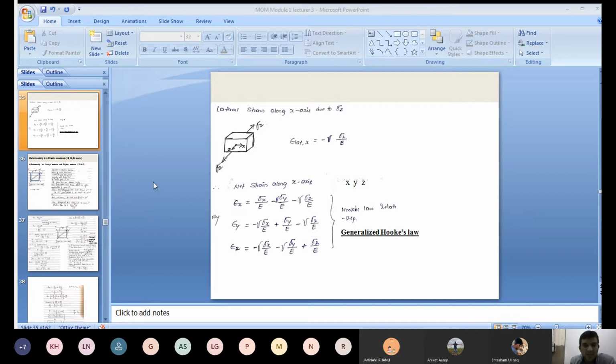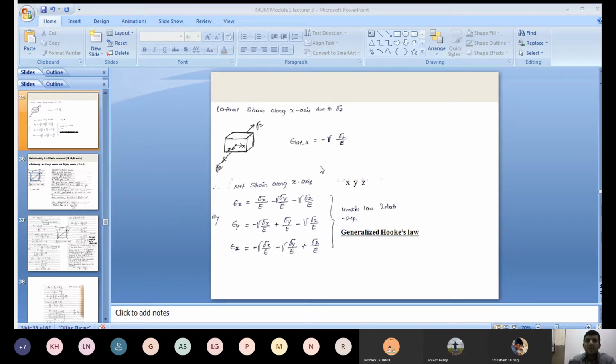Now you should remember this equation. How do you remember it? Remember these x, y, z are the coordinate axes. If I want to write the strain along x-axis, on that axis only the positive sign will come, and applying Hooke's law, we get sigma x by E. What happens to the remaining two axes?